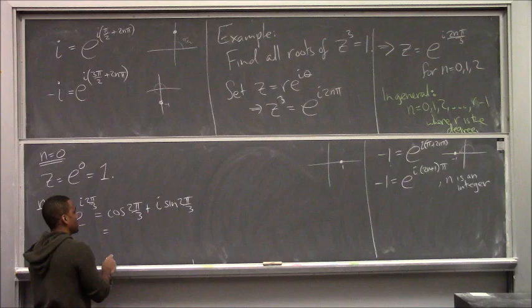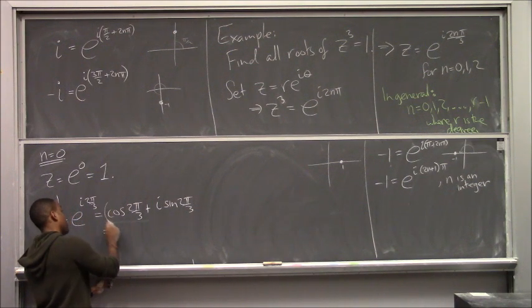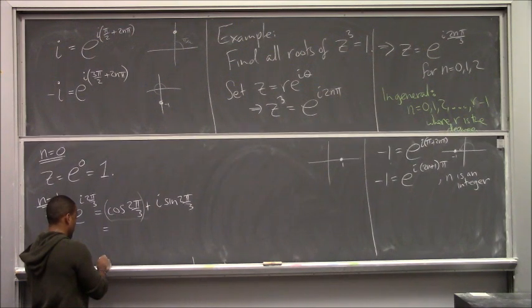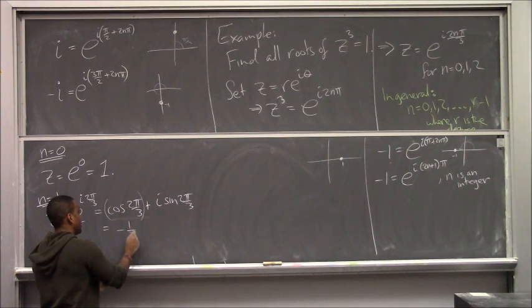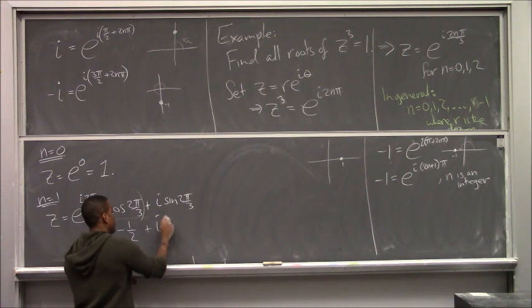What's cosine of 2 pi over 3? It's minus a half. Sine of 2 pi over 3? That's radical 3 over 2.